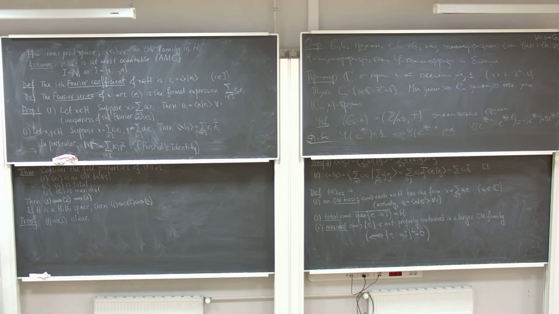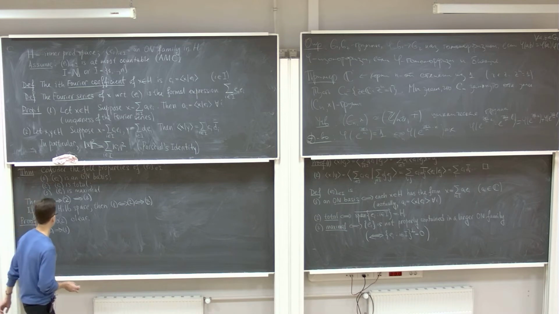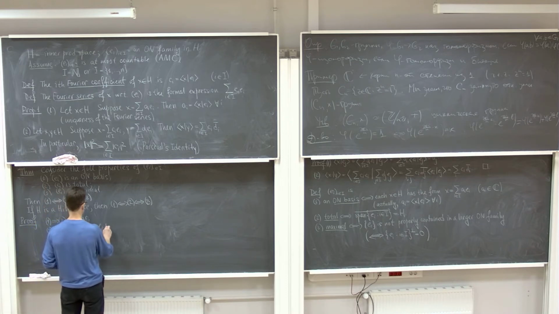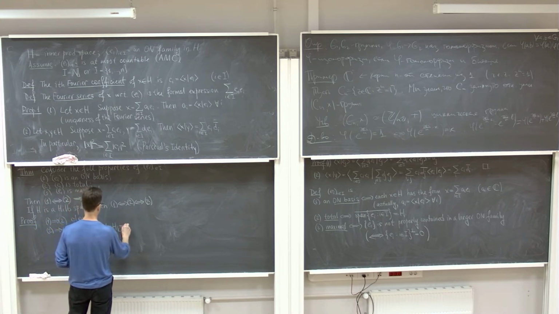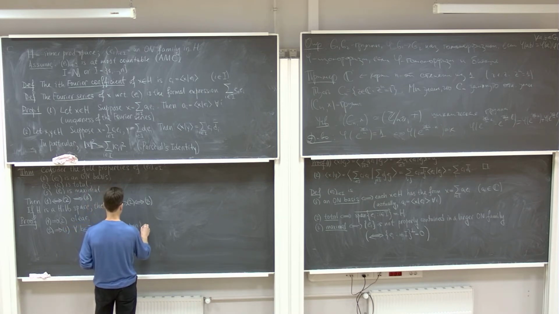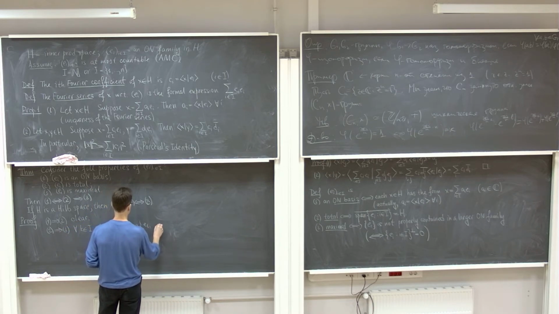Let's now show that 2 implies 1. This is a bit harder. So we suppose that e_i is total. This means that the linear span is dense. And for each k in I, let H_k denote the linear span of finitely many elements in our family from e_1 to e_k.